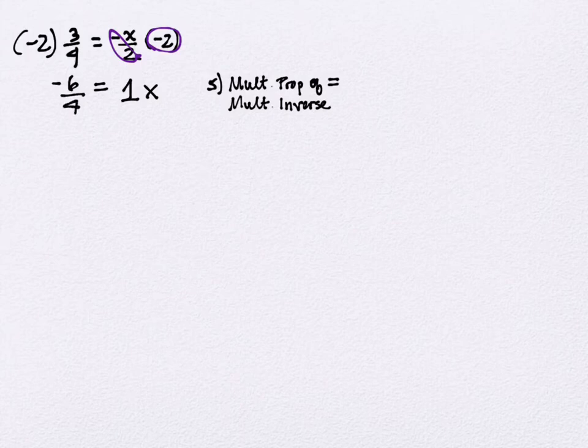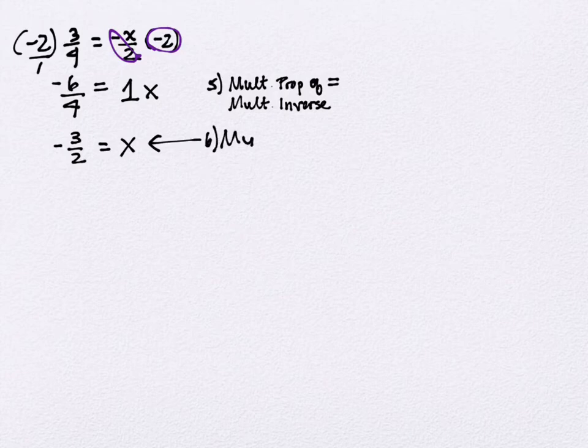Negative 6 over 4, right, because this is negative 2 over 1. All right, so this is negative 3 halves. And I've got x. So again, on the right-hand side, this is the multiplicative identity, because 1 times x is x.